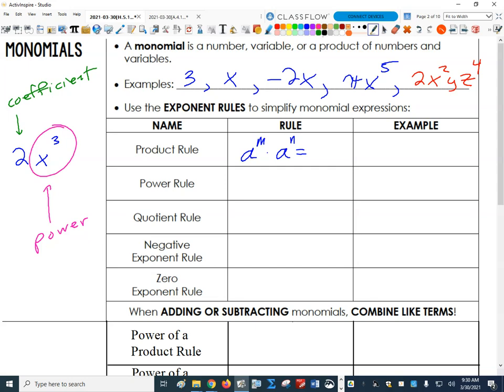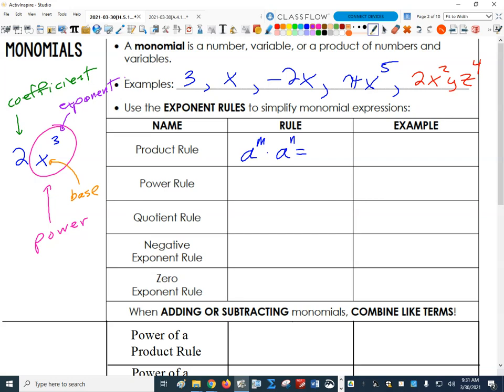Inside that power, there's two parts. We've got the base, which is what's being taken to an exponent, and then we've got the exponent. So there's the anatomy of a monomial, the various parts.